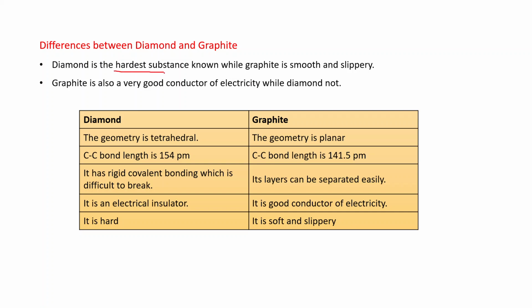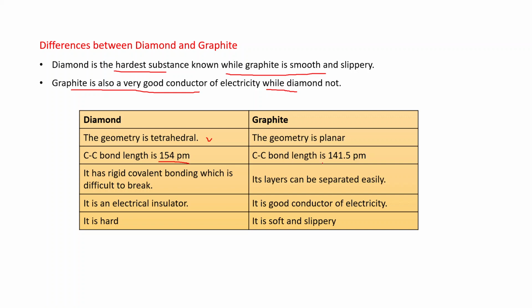Diamond is the hardest substance known, while graphite is smooth and slippery. Graphite is also a very good conductor of electricity, while diamond is not. Some more differences. In case of diamond, geometry is tetrahedral. In graphite, geometry is planar. In diamond, carbon-carbon bond length is 154 picometer.